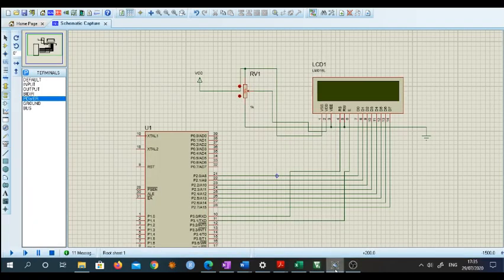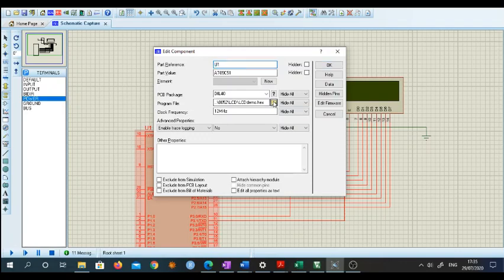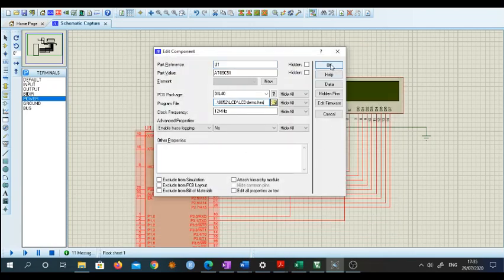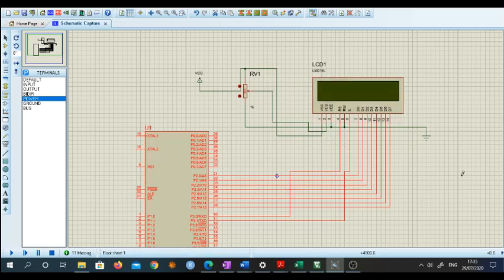Now you go to Proteus, double click on the controller, then select this hex file in the folder where I have saved LCD demo.hex. Then open it, click on OK, and now my simulation is ready for execution.